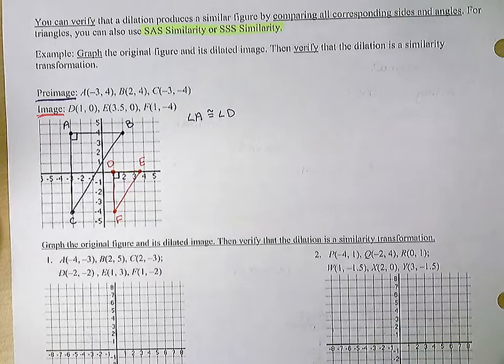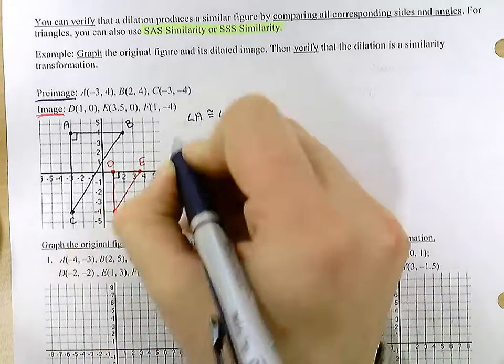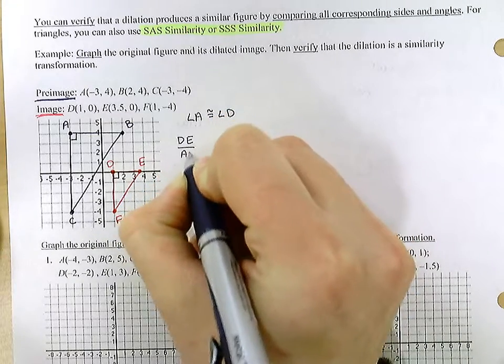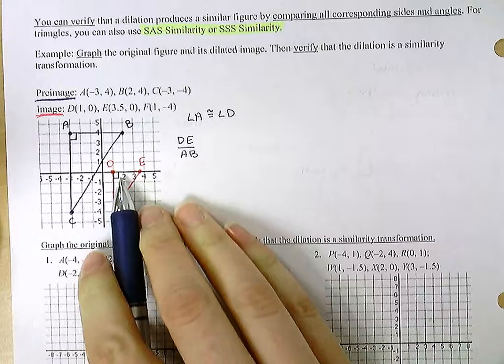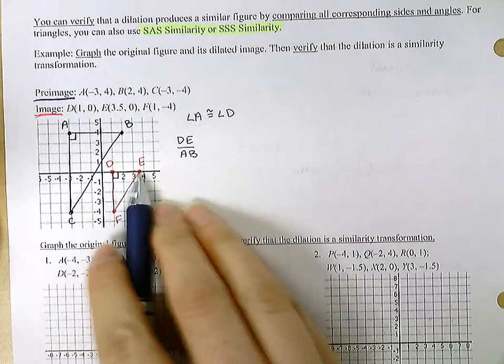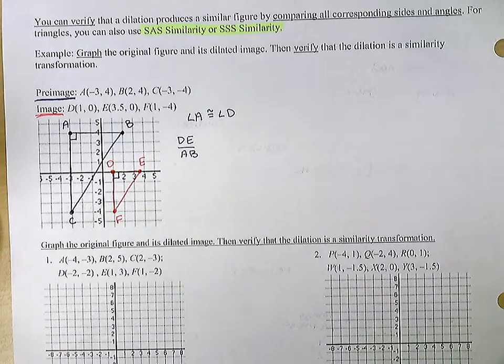So we're going to make a ratio from side DE to AB. So I went from my image to my pre-image. I want to find the length of DE over AB, since those would be my similar sides, correct?